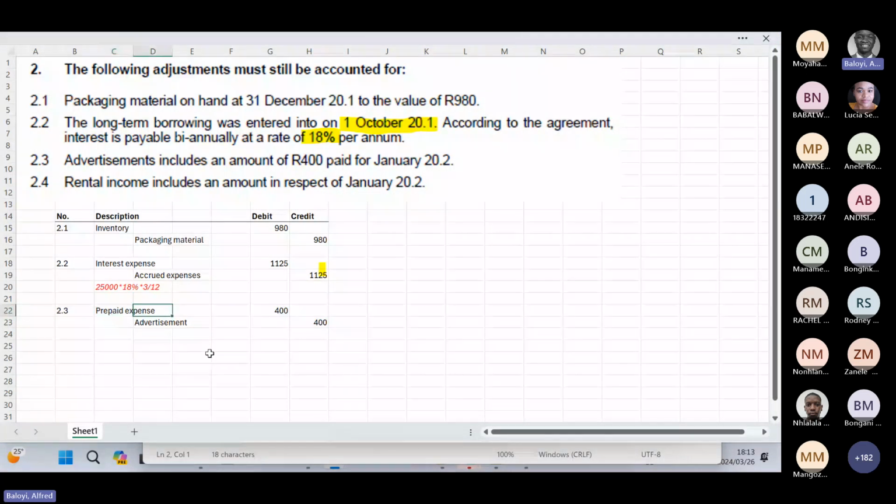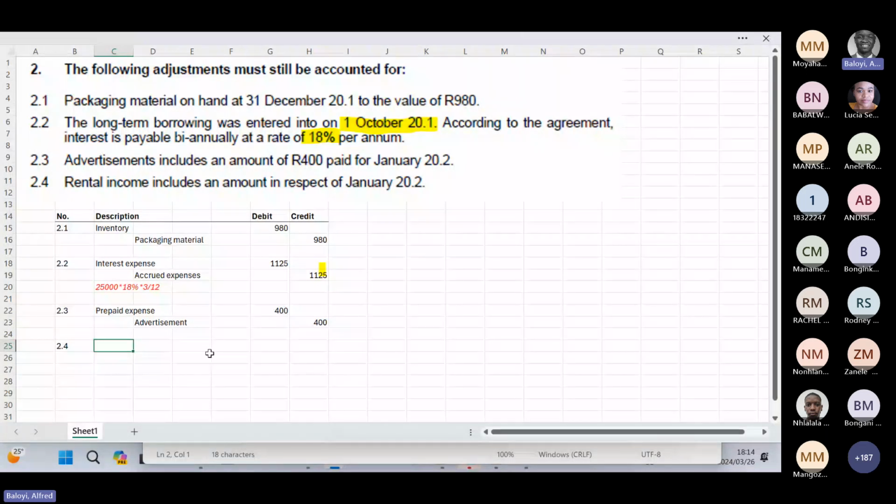And then lastly, rental income 2.4. Rental income includes an amount in respect of January 20.2. So this one, you have to have some sort of understanding. But I believe in exams, tests or assessments, more information may be given, but you have to understand how this will be treated.